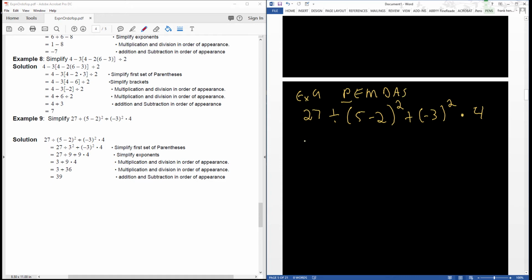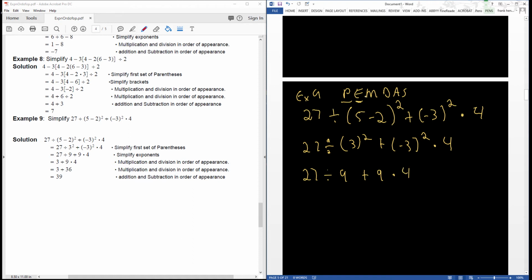Parentheses. So I have 27 divided by 5 minus 2 is 3. So I have 3 squared here plus a negative 3 squared here times 4. So taking care of parentheses, exponents, I have 27 divided by 3 squared is 9 plus negative 3 squared is 9 times 4.